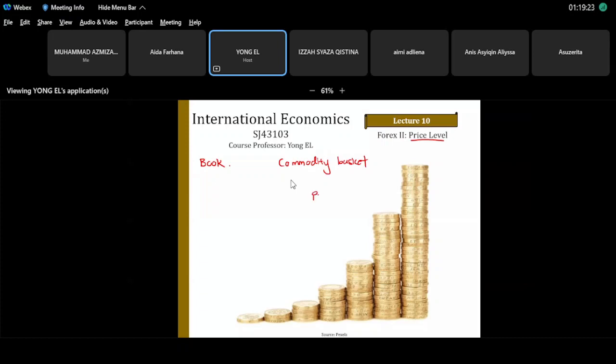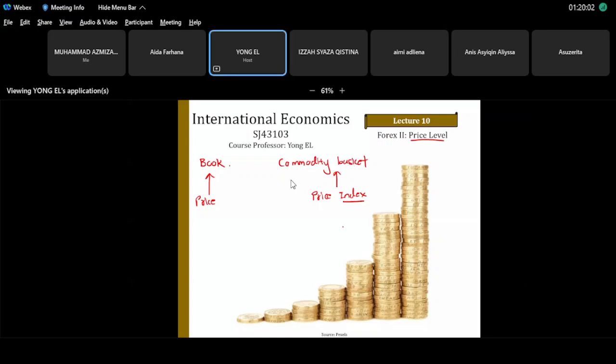And we should have a price index for this commodity basket as well. Just like we have the price for a book, we have the price index for a commodity basket. Why index? Because this price index summarizes the prices of the varieties of goods and services in the basket. This is a summary index, the general price level of this basket.